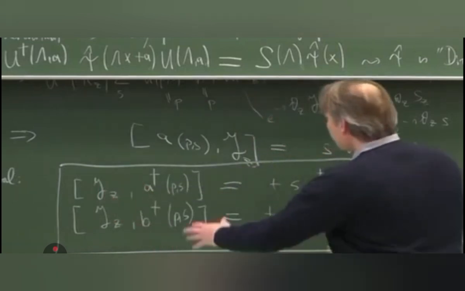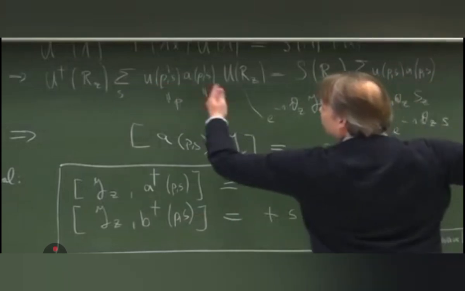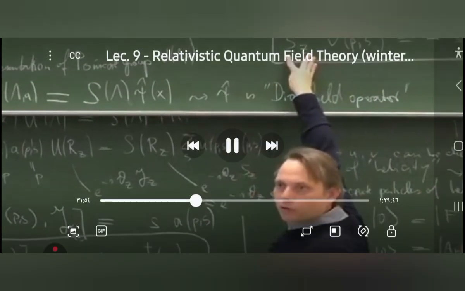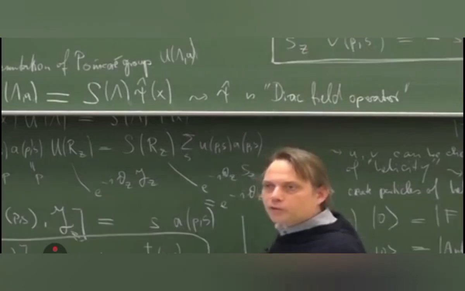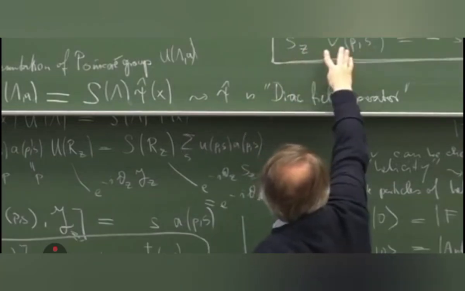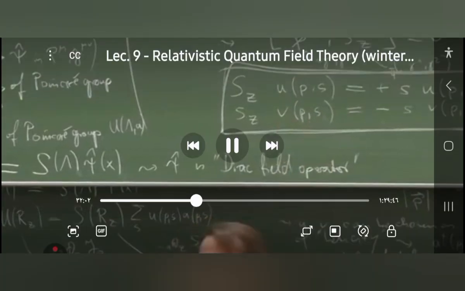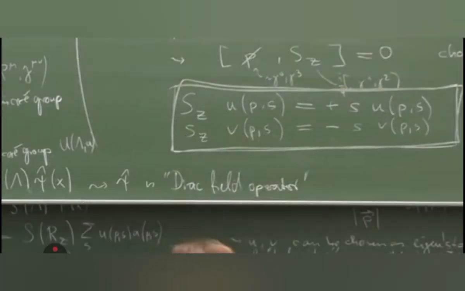And during the evaluation, in intermediate steps, a field operator appeared. This contains our spinors u of p. They are eigenspinors of this S_z matrix, and this matrix has eigenvalues plus minus 1/2. And this eigenvalue plus minus 1/2 of the spinors propagates into this equation for the commutation relation with the full angular momentum operator.